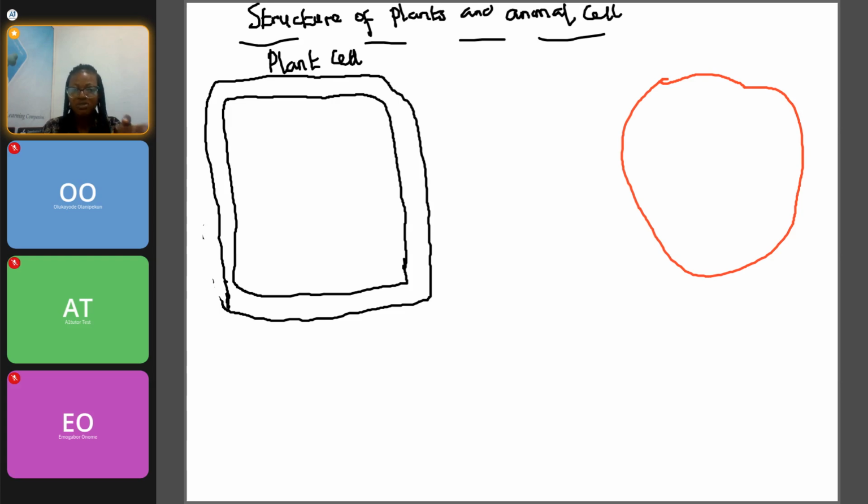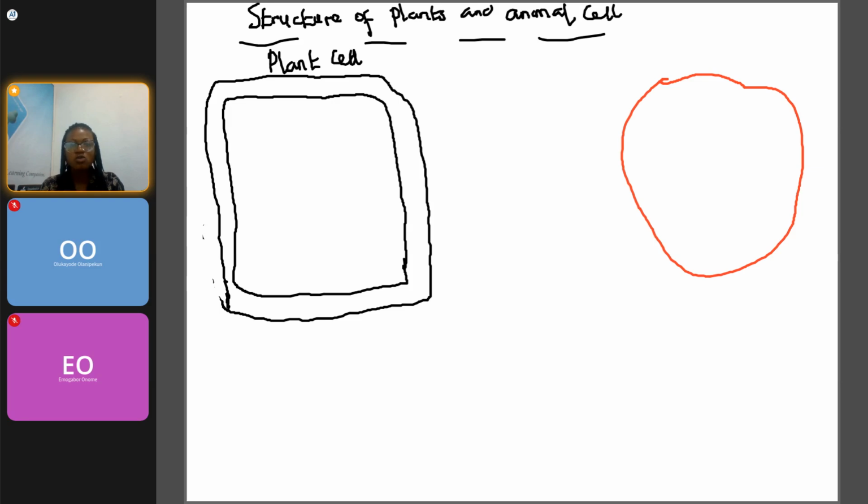There are some components present in plant cells and there are some components present in animal cells. So in order to manage our time, we are going to be labeling them together. So we have the nucleus here, we also have the nucleus in plants. Okay, please pay attention to what I am going to do.